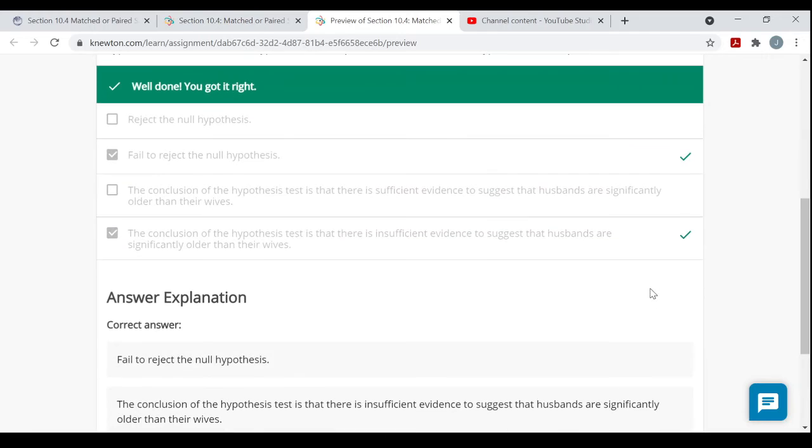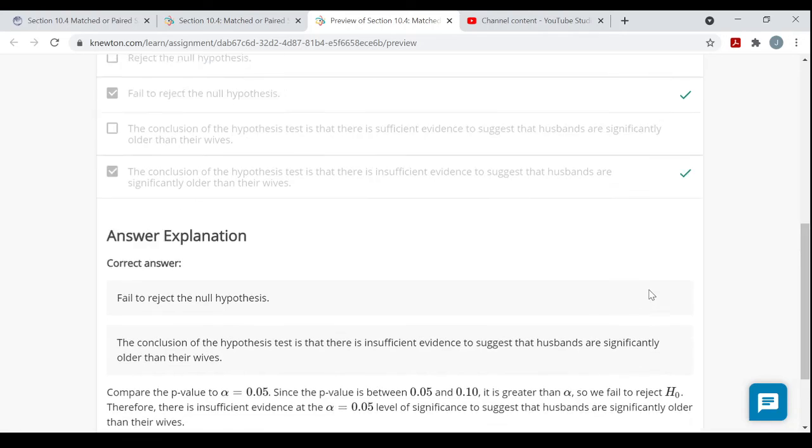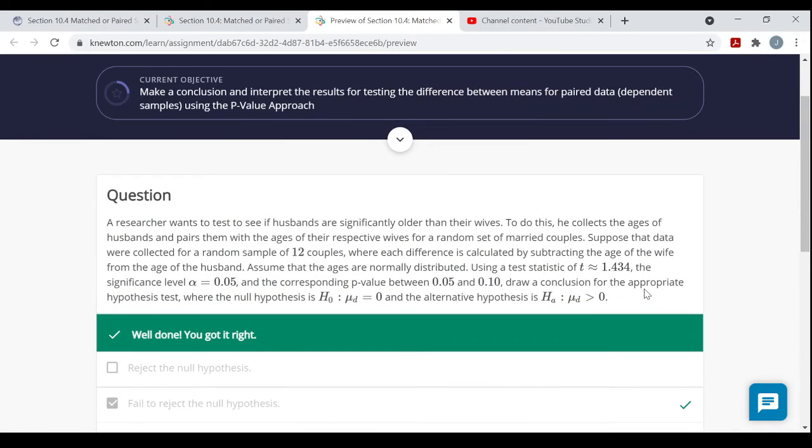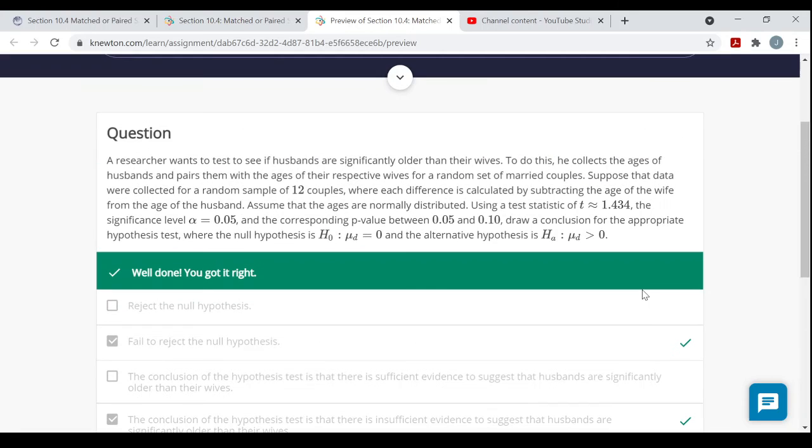And it's as simple as that. They gave us the p-value. They gave us the significance level alpha. And that's all you need to be able to make your conclusions. Hopefully you've seen the p-value approach before. This is no different. It's just the scenario is different.